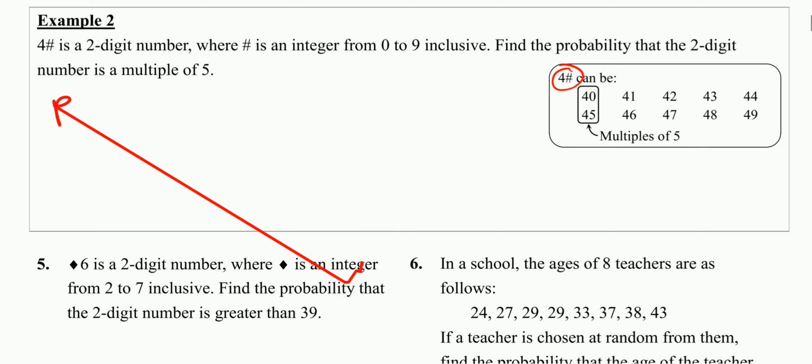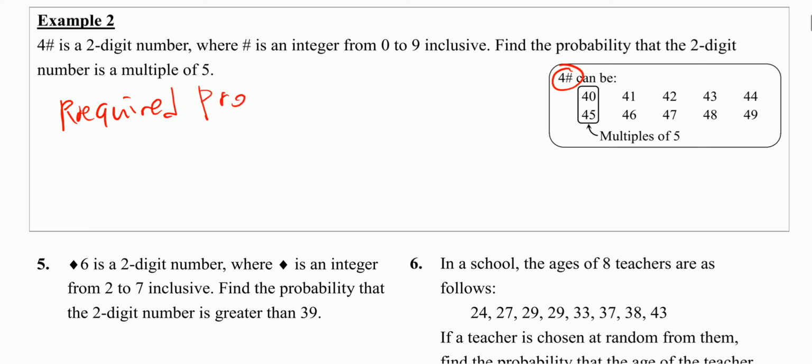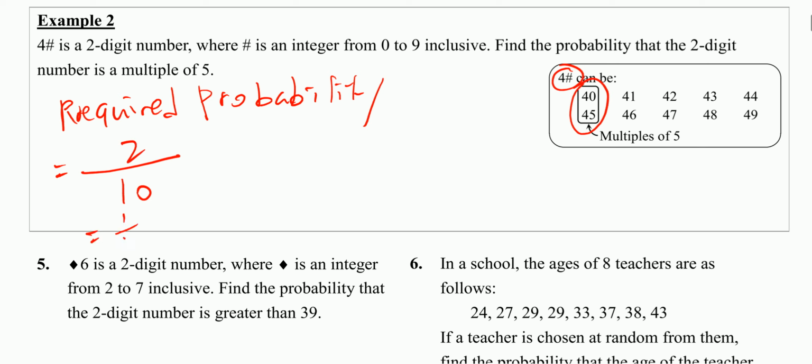So the required probability should have 10 for the denominator, since the number of all possible outcomes is 10. The favorable outcomes which satisfy your situation should be 2, and after simplification we find that the required probability is 1/5.